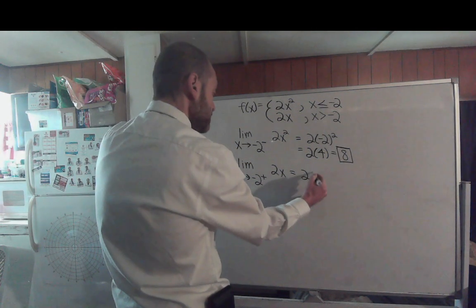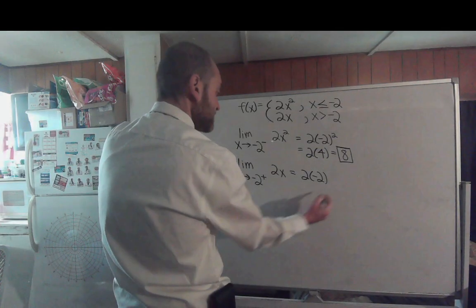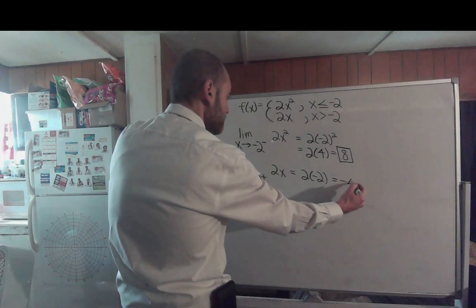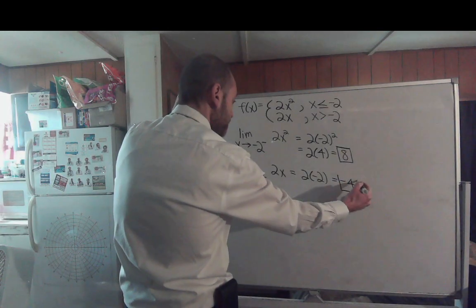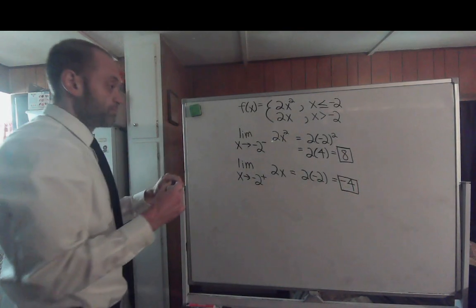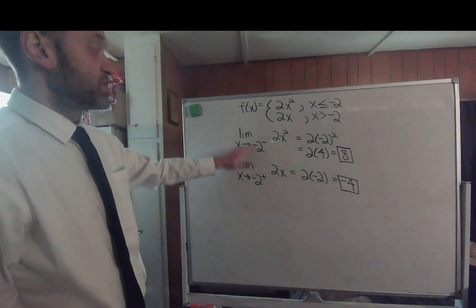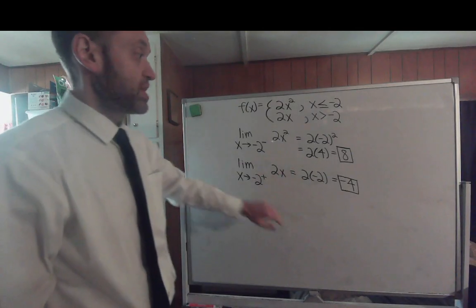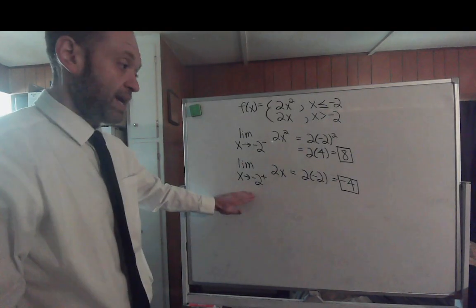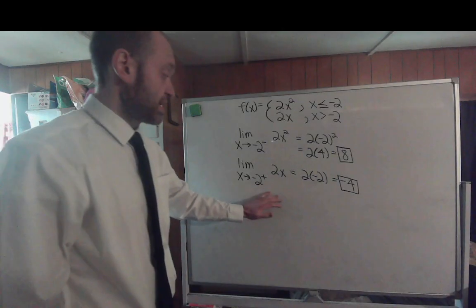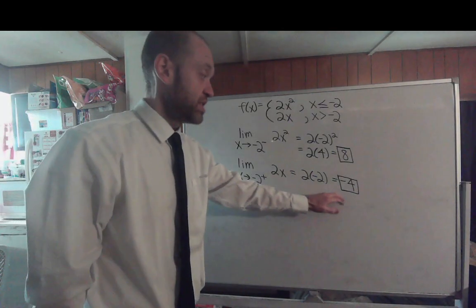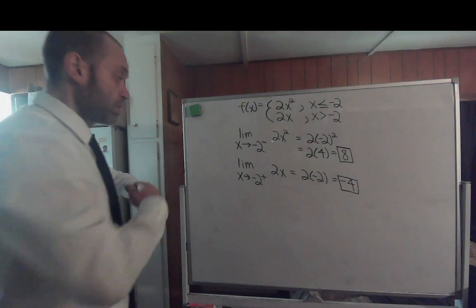So I'll put in 2 times negative 2. That's going to give me a value of negative 4. So my left-handed limit as x approaches negative 2 of this piecewise function is positive 8. My right-handed limit as x approaches negative 2 of this piecewise function is negative 4.